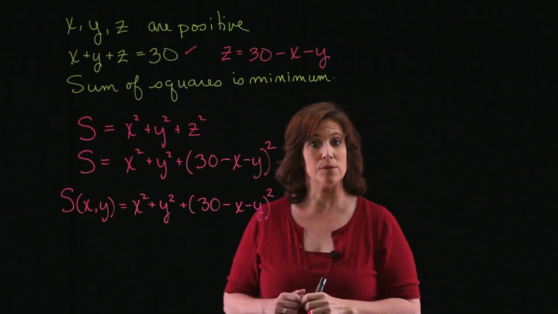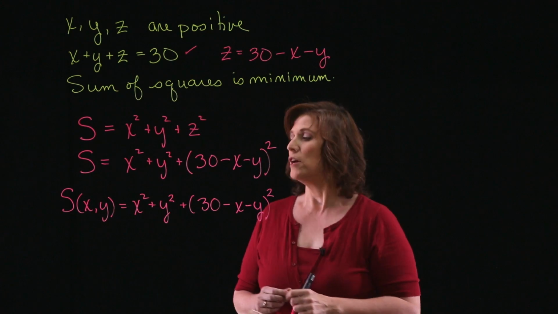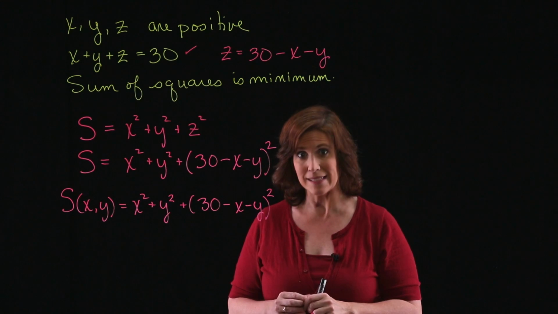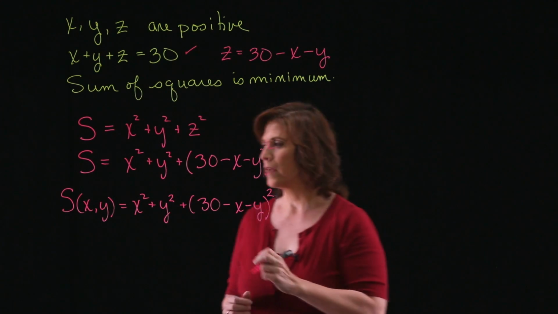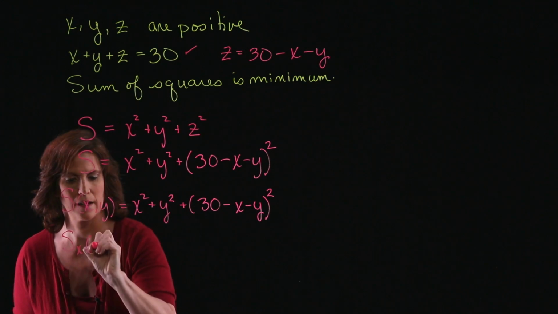Okay, now that I have this written as a function of two variables, I want to find the critical numbers. So I need to find the partial of this function with respect to x and with respect to y. So let's first of all get the partial with respect to x.